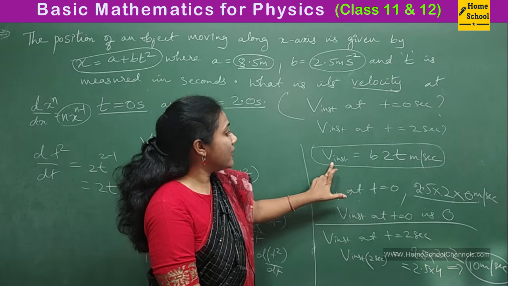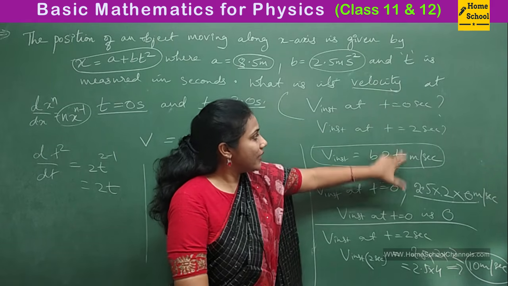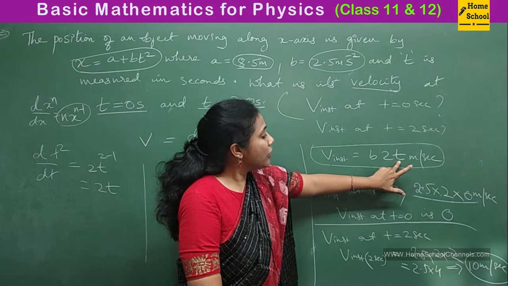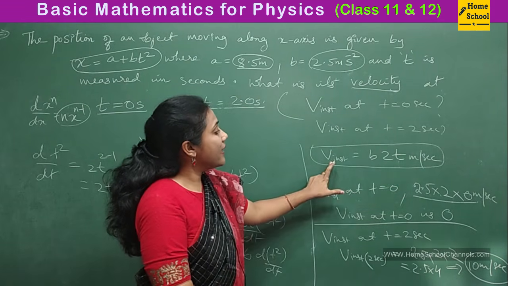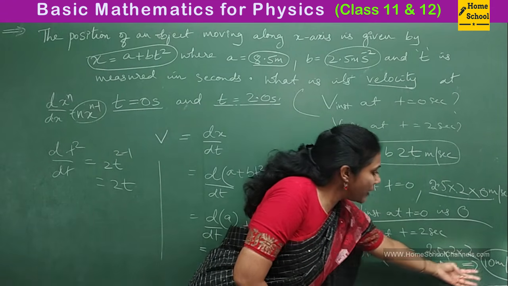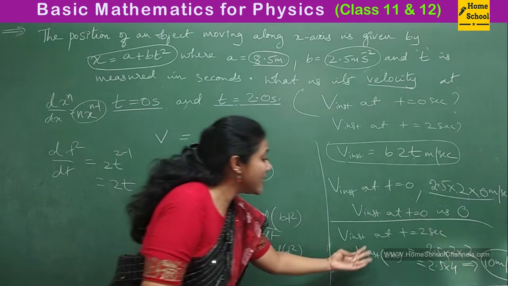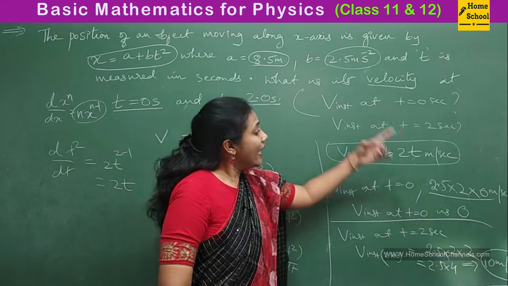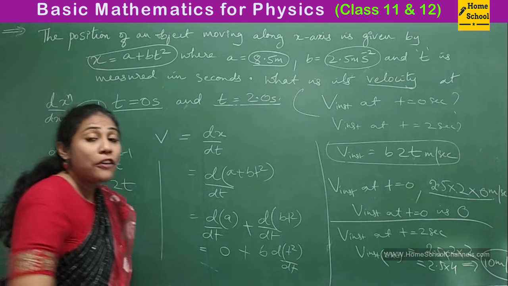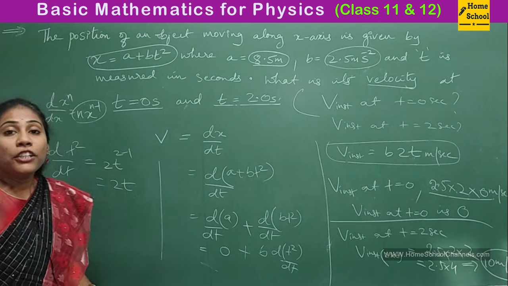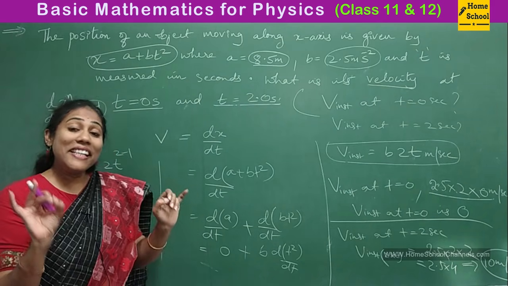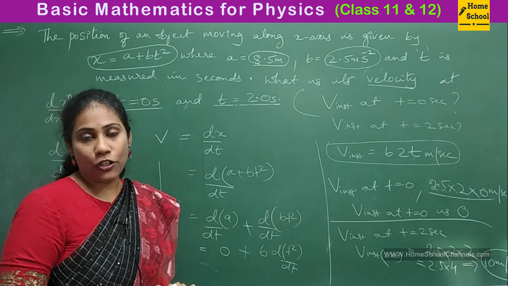Similarly, we substituted t is equal to 2 seconds and got 10 meter per second as the instantaneous velocity. So this is how we can use differentiation to calculate instantaneous velocity as well as instantaneous acceleration.